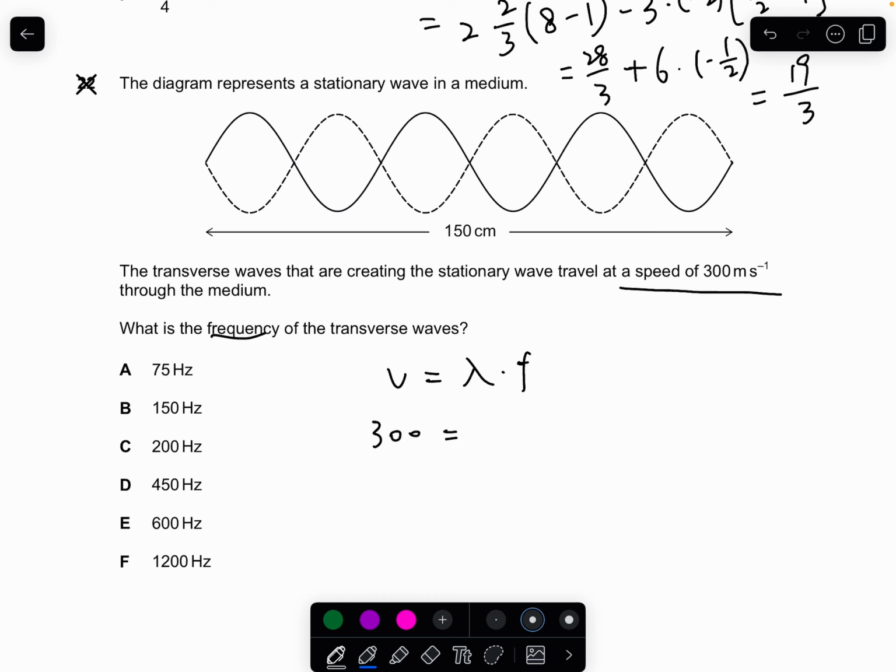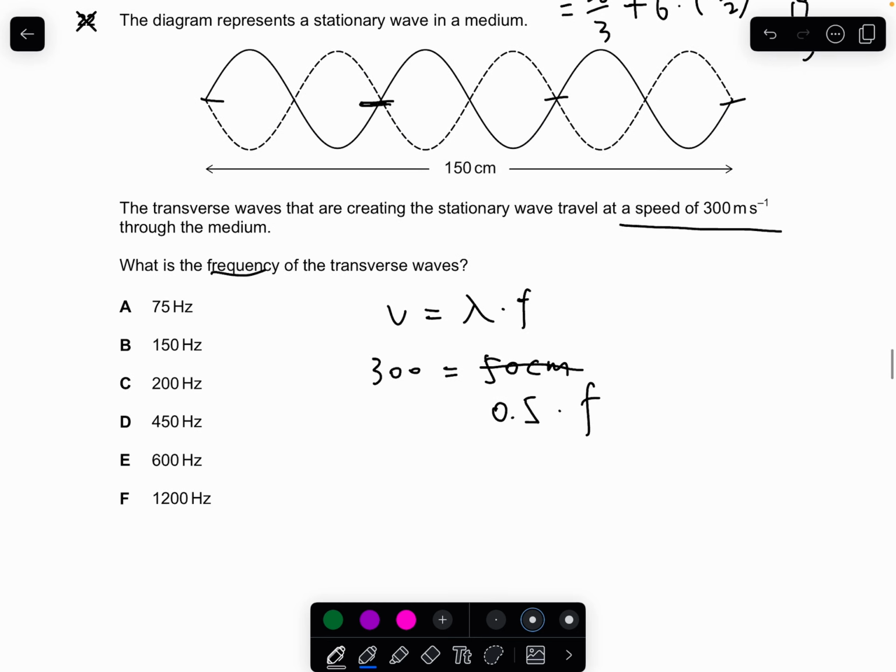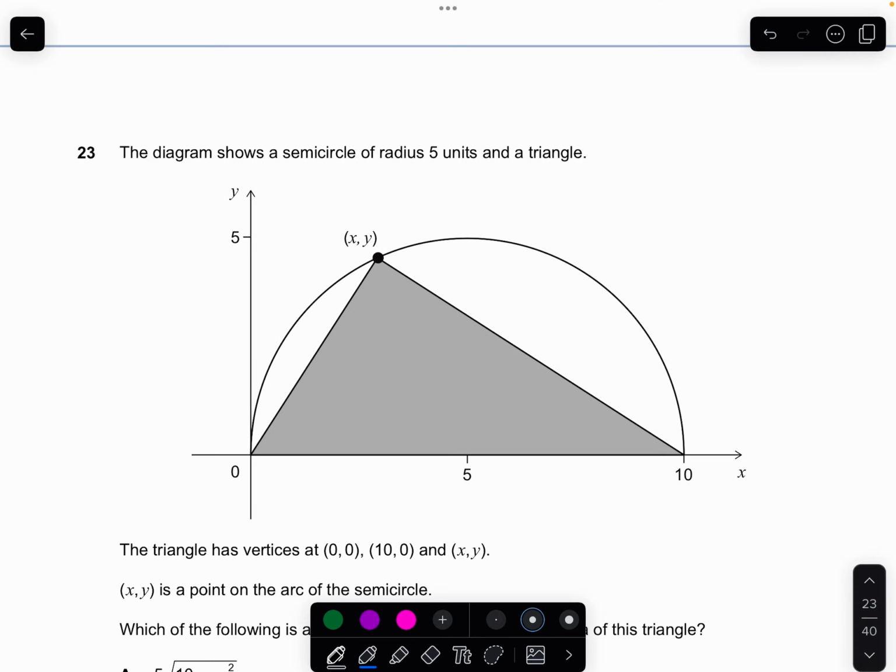You can write it as 1 wavelength, 2 and 3, so it will be here. But we will use the units of meters, so 0.5 times frequency, 600.